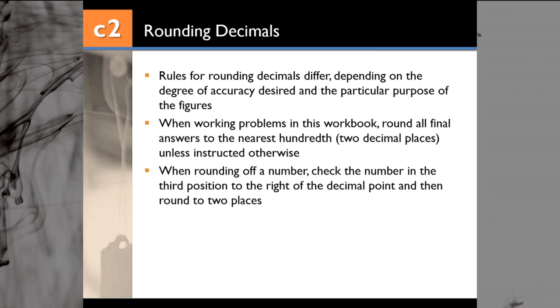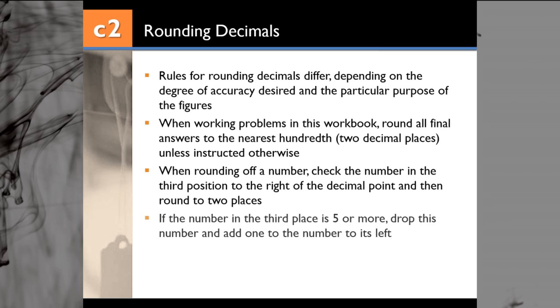When rounding off a number, check the number in the third position to the right of the decimal point and then round to 2 places. If the number in the third place is 5 or more, drop this number and add 1 to the number to its left. That means you add 1 to the second decimal place number.